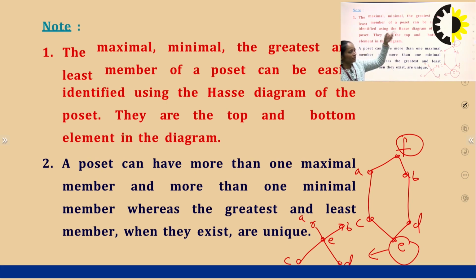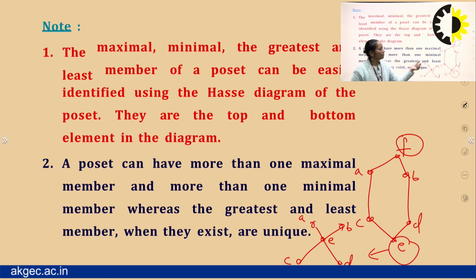So there is a confusion between the maximal element and the greatest element, and between the minimal element and the least element, and here we can remove such confusion. Maximal elements can be more than one and minimal elements can also be more than one.